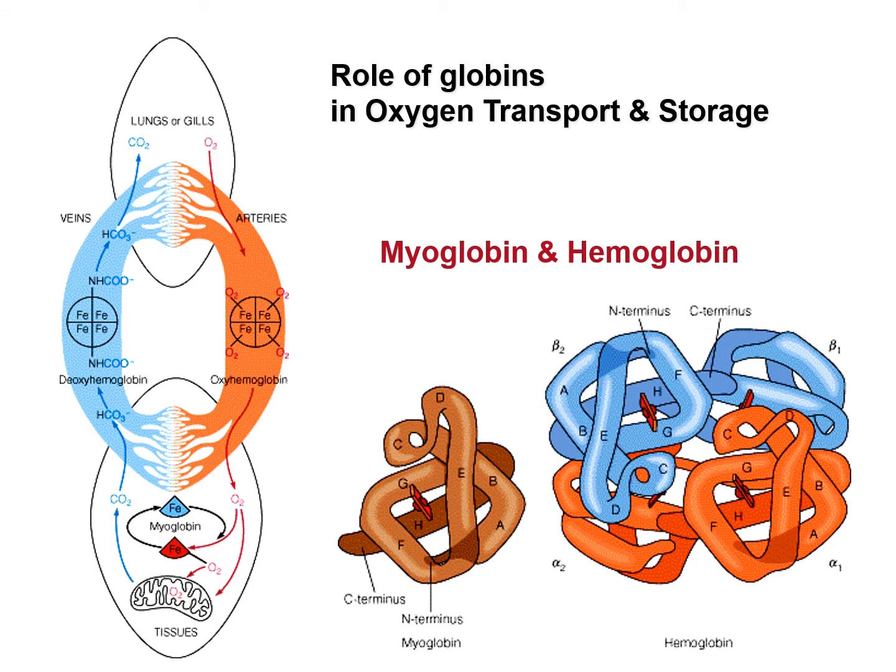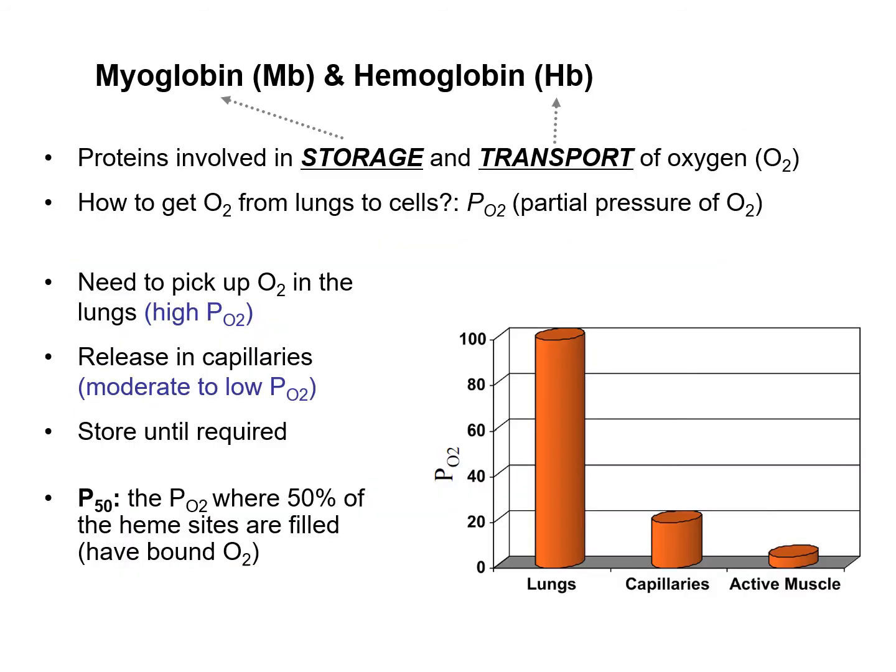And hemoglobin is located in the arteries and the veins, basically involved in the respiration as well as the circulation, as opposed to myoglobin, which is located within the cell for the cellular respiration. Myoglobins are involved in the storage of the oxygen molecules, as opposed to hemoglobins, which are involved in transport of oxygen.